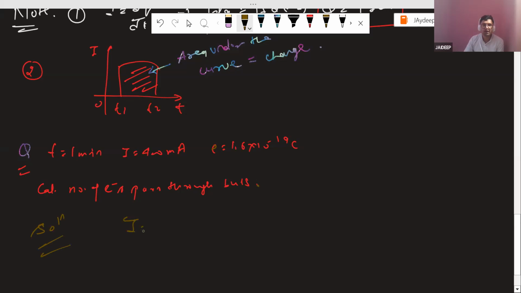We have to calculate I. So I equals Q over T and Q equals Ne. Now fast, let me know the answer.